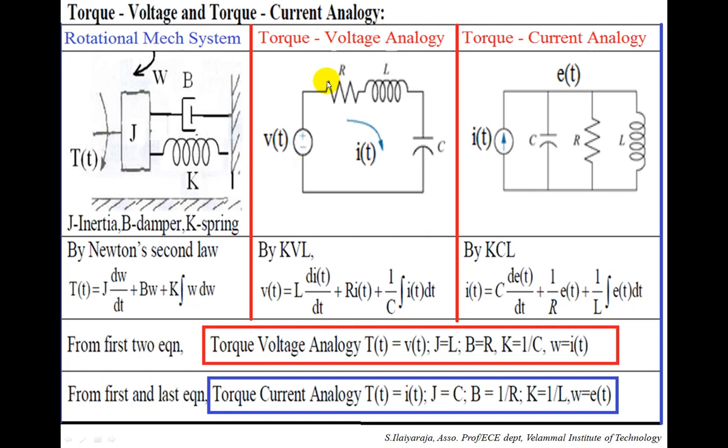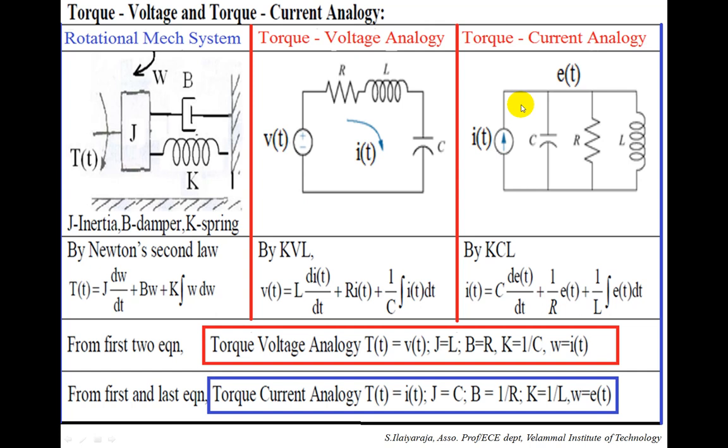When you write KVL for the RLC series circuit, we can write L di by dt plus Ri plus 1 by C integral i. By comparing these two equations, the torque equals voltage, inertia equals inductance, damper equals resistance, spring equals 1 by capacitor, and w is nothing but i of t.